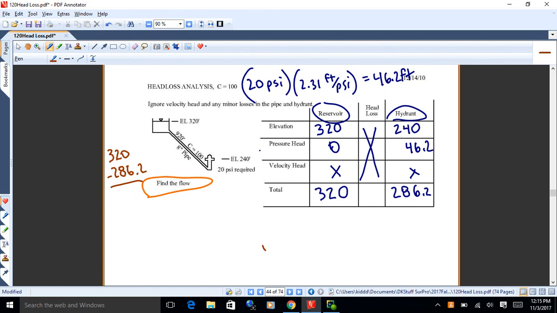So if we get the difference there, which I think is 33.2. Oh, thank you. Yeah, it's 0.8. 33.8. That's the maximum head loss we can have. Okay?